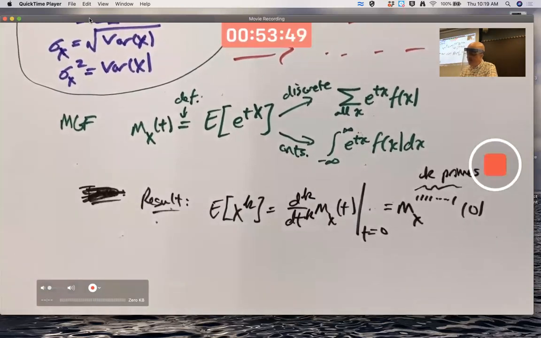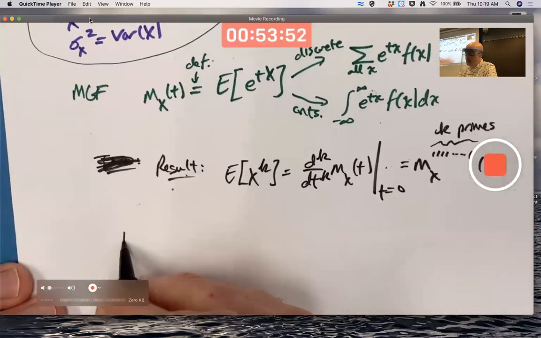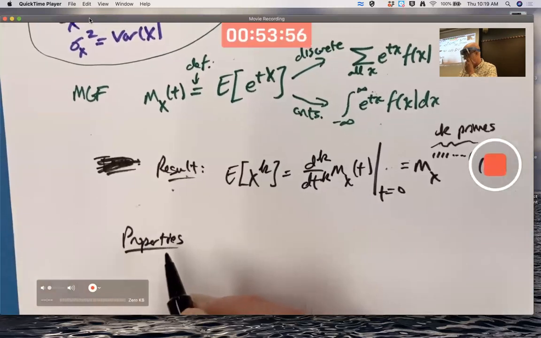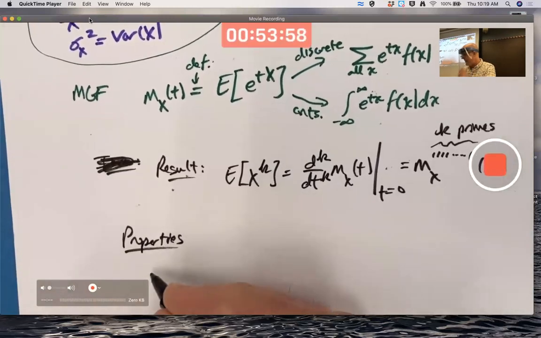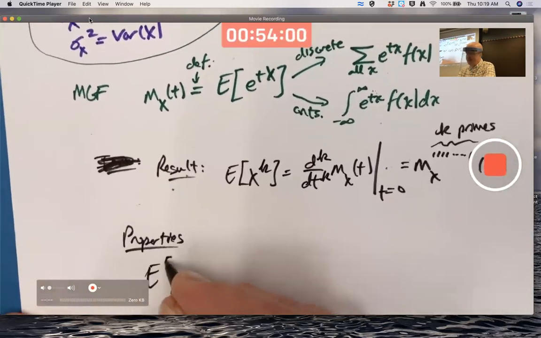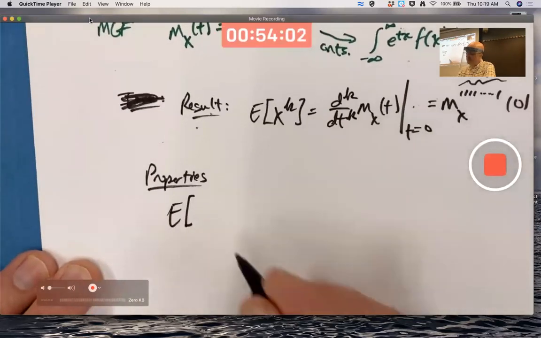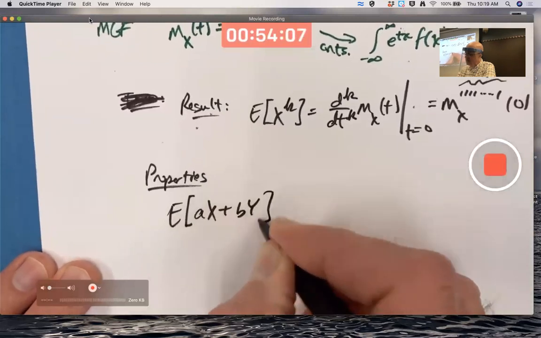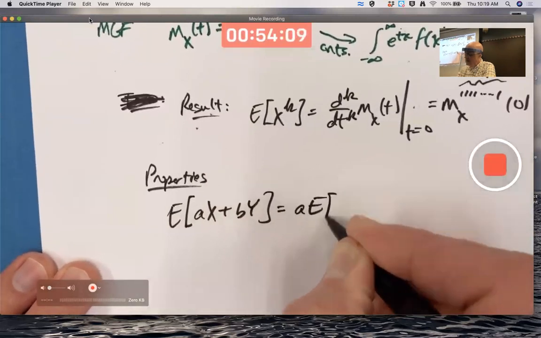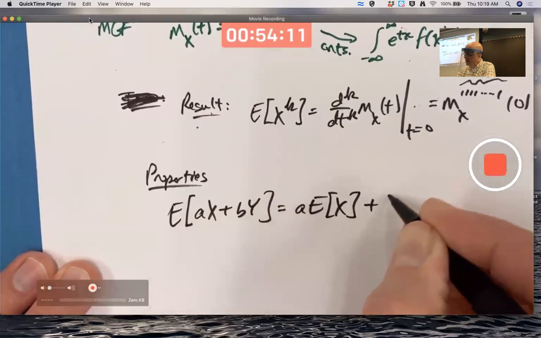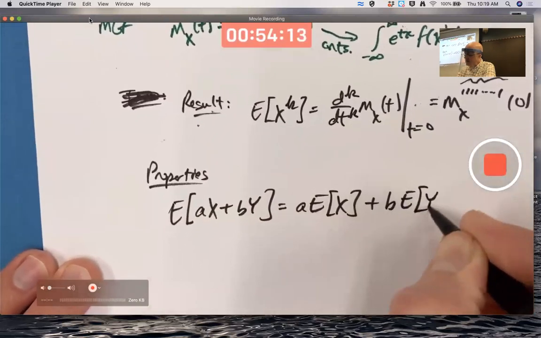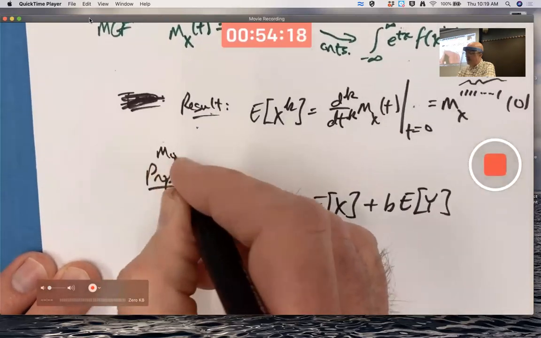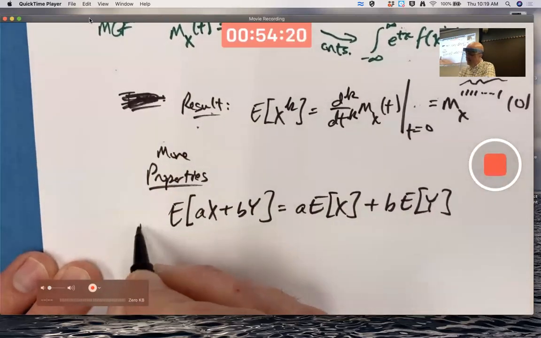Expectation. Properties. For example, the expected value operator is linear. For example, I could write this. More properties.